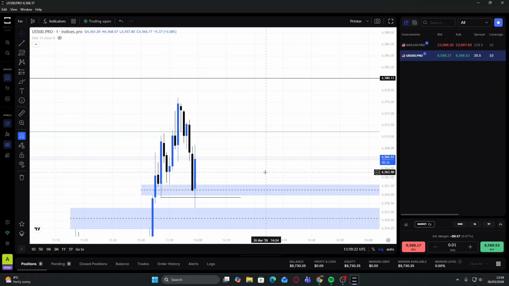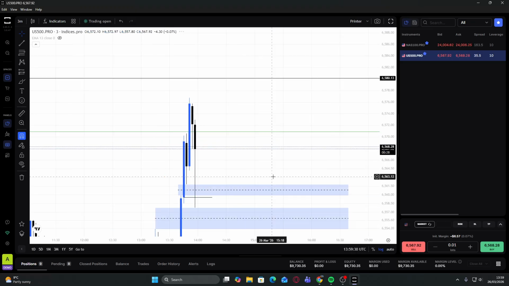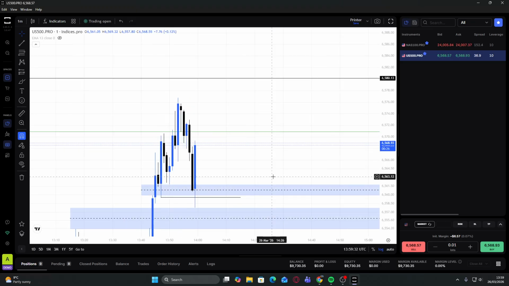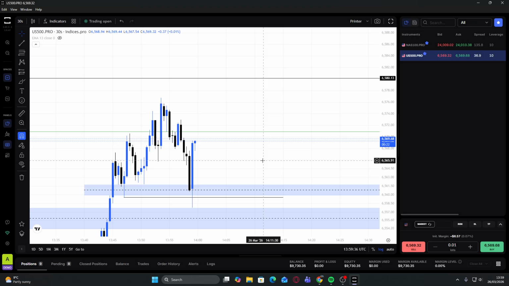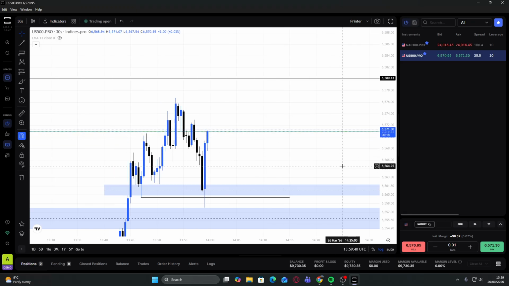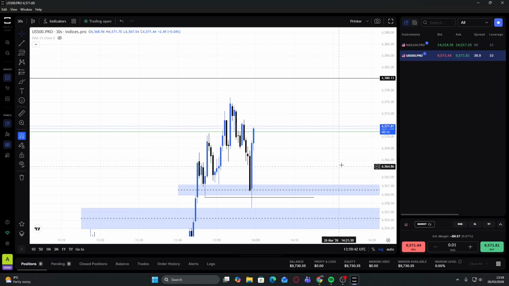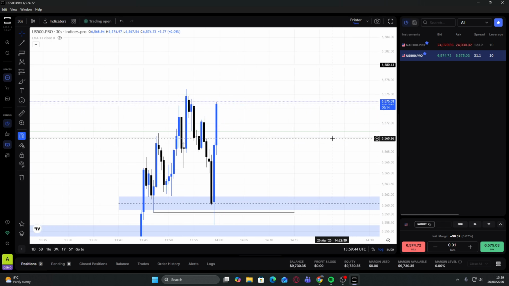Big old reaction off this 5 minute. Sweeping these lows. 2 minute gap, 3 minute. No, nothing. Holy shit.